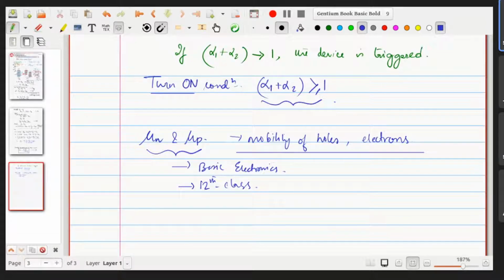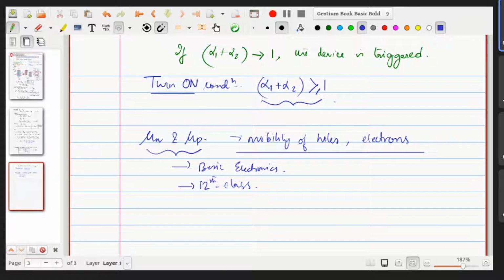So when we study parameters like alpha n and alpha p for the different junctions, the n type and the p type, if we are talking about the electron multiplication factor or the hole multiplication factor, and those factors can be increased, then near the breakdown voltage of the junction, these factors are also very high.